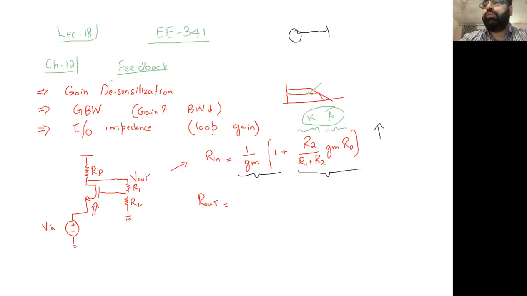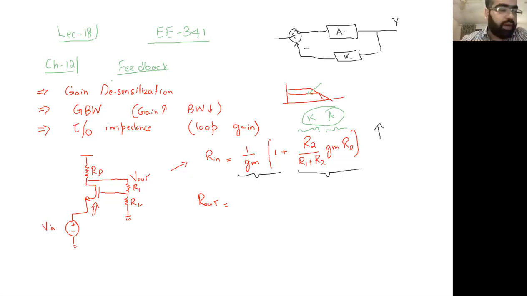This is a summing point, for example, this is an input. Here this gain is A, we have an output Y, and we have something K here. So I mean this KA here, and in this circuit it is R2 divided by R1 plus R2 multiplied by gm RD.